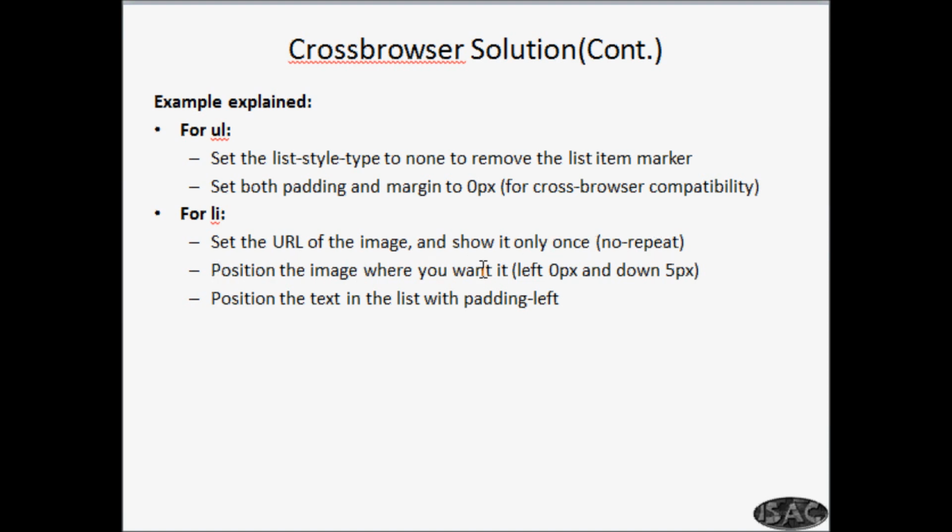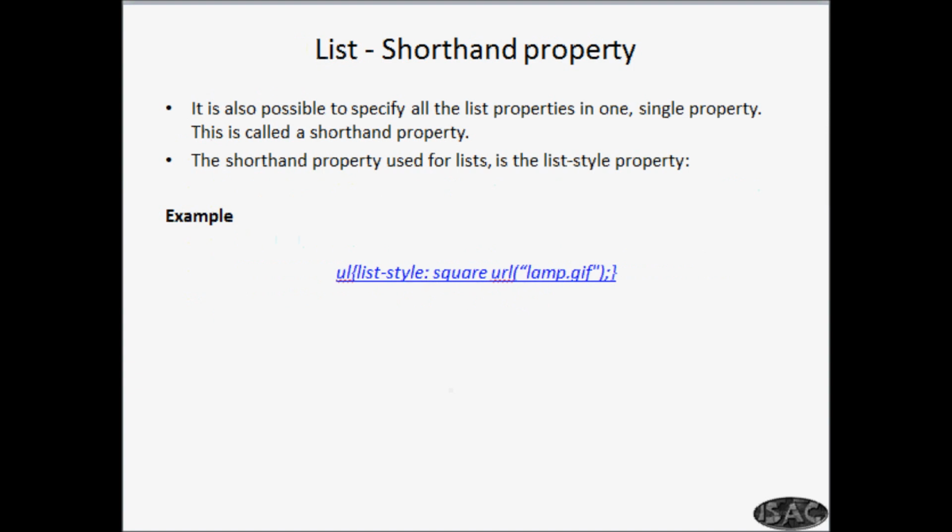Position the image where you want it, left 0 pixel and down 5 pixel. Position the text in the list with padding-left. So we can specify all these sizes and positions. That is a cross browser solution actually. In all the browsers it will look the same.